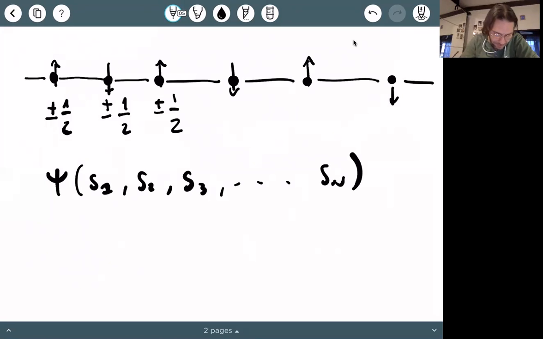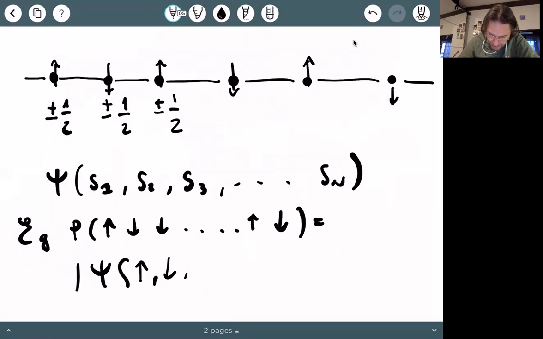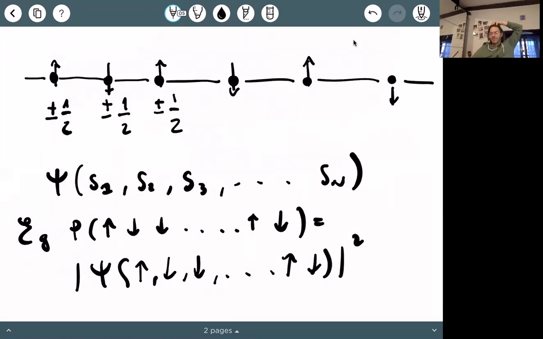So for example, the probability of observing up, down, down, a certain combination, is given by the square modulus of the wave function of up, down, down, up, down. And by this simple rule that we already have observed, we can reconstruct all the probabilities.